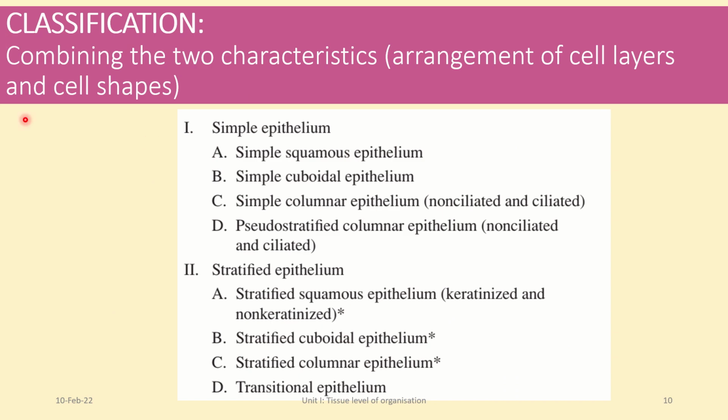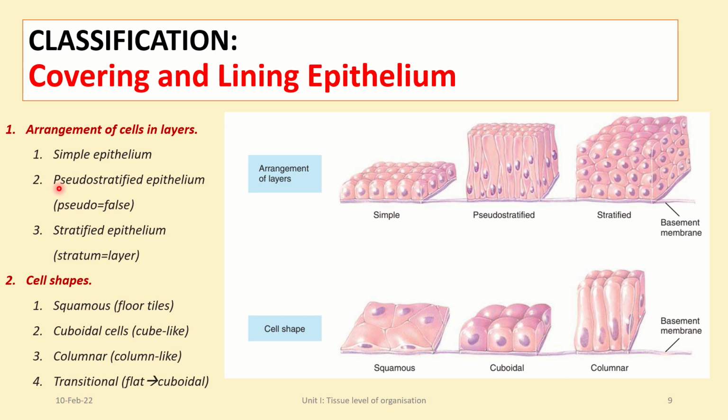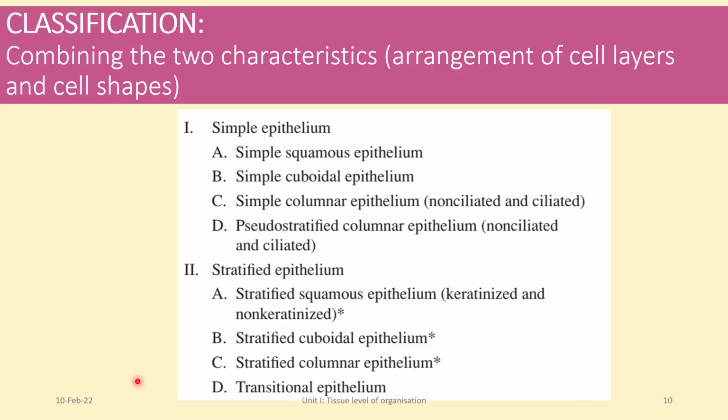If I had to combine both characteristics, the cell shapes as well as the layers, whether they are simple, pseudostratified or stratified, and whether the cell shapes are squamous, cuboidal, columnar or transitional, this classification, the combination of cell layer arrangement and cell shape, is something that needs to be memorized for understanding the types of epithelial tissue.